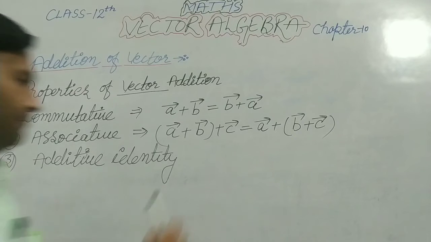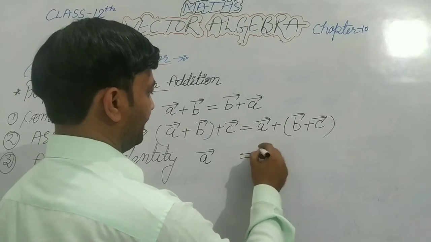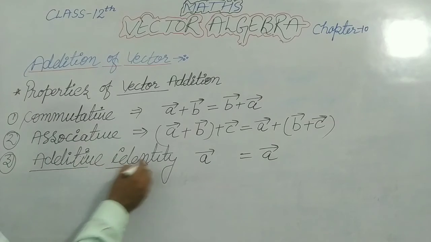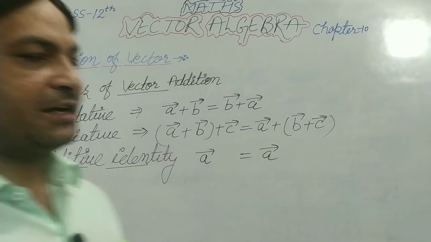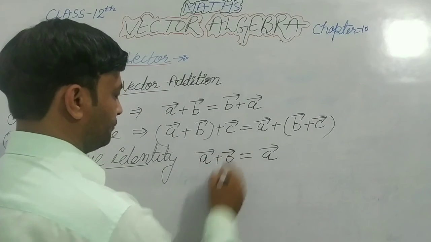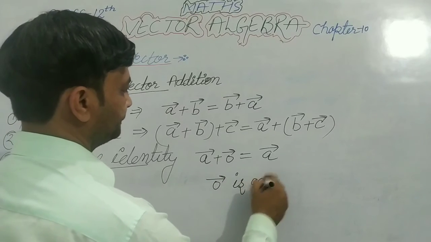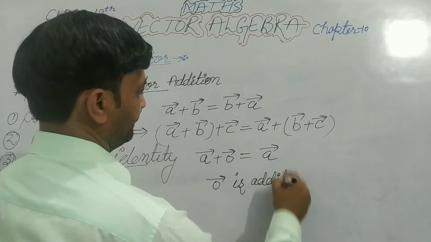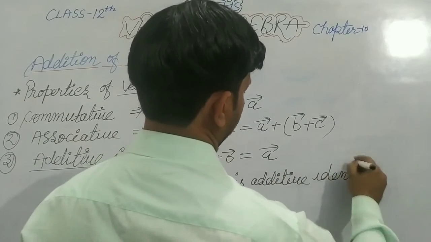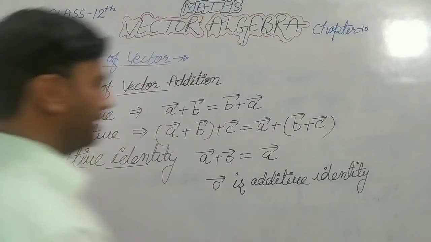So if we have vector A and we need to get vector A back, we use the additive identity, and we know very well the additive identity is 0, so we use the zero vector here. So we can say the zero vector is the additive identity, isn't it?